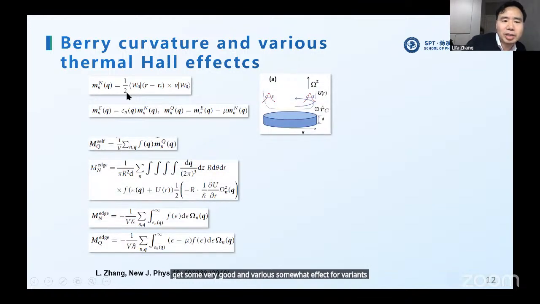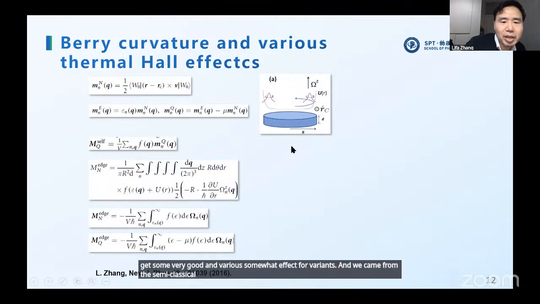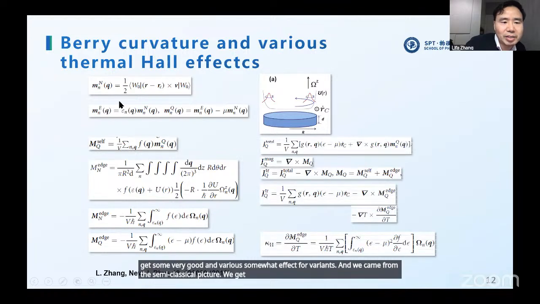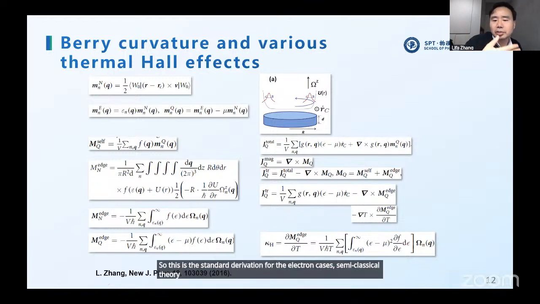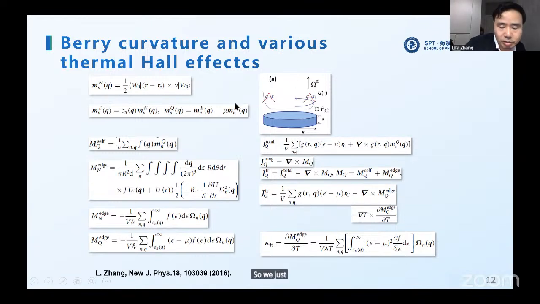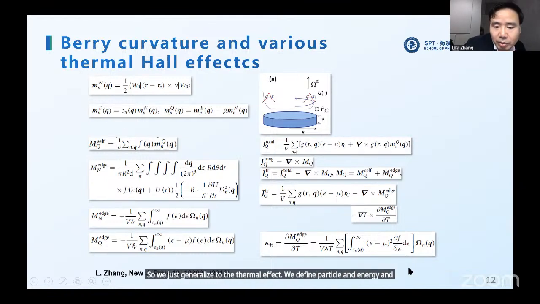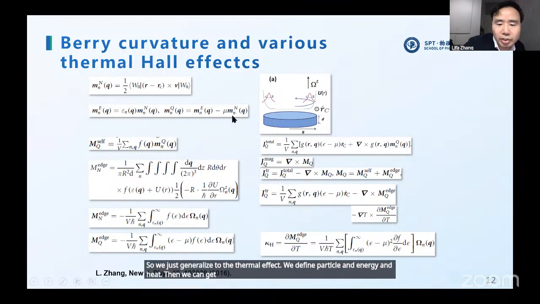We come from the semi-classical picture. We can define the particle magnetization and the energy magnetization. This is the standard derivation for the electron case, the semi-classical theory of the electron Hall effect. We just generalize it to the thermal Hall effect. We define particle, energy and heat, and then we can get all the thermal Hall effects in this picture.